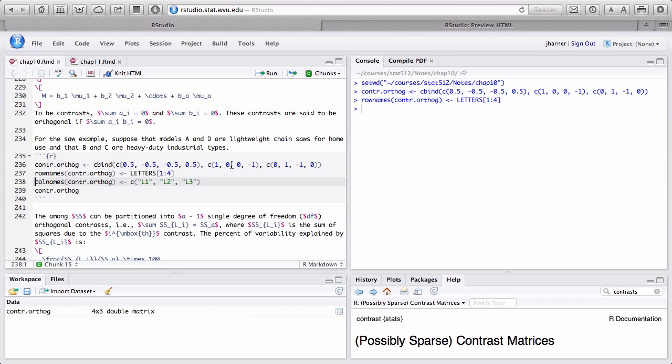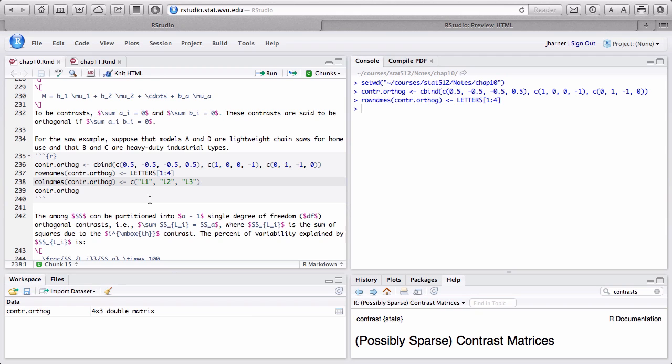I could have written it as c, A in quotes, comma, B in quotes, comma, C in quotes, comma, D in quotes. I could have done it that way. And then the column names, I just called the contrasts L1, L2, and L3. Notice they're in quotes.